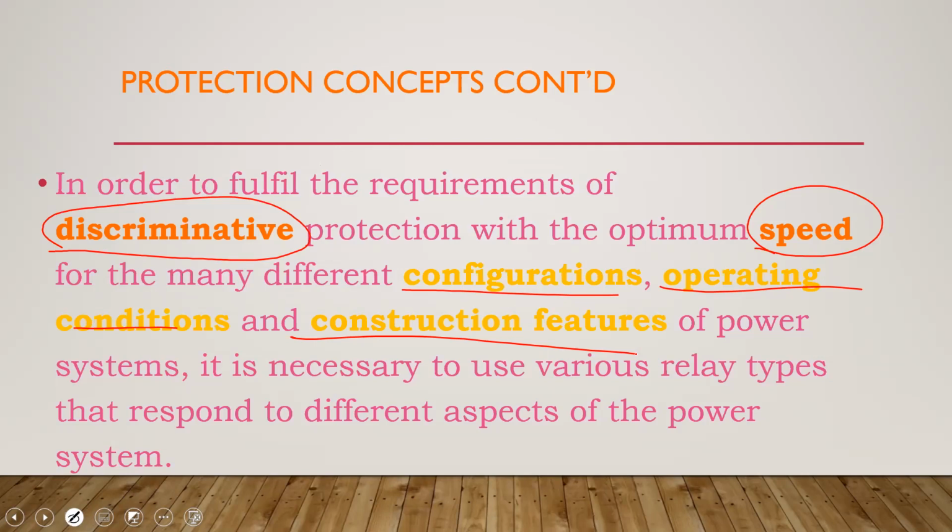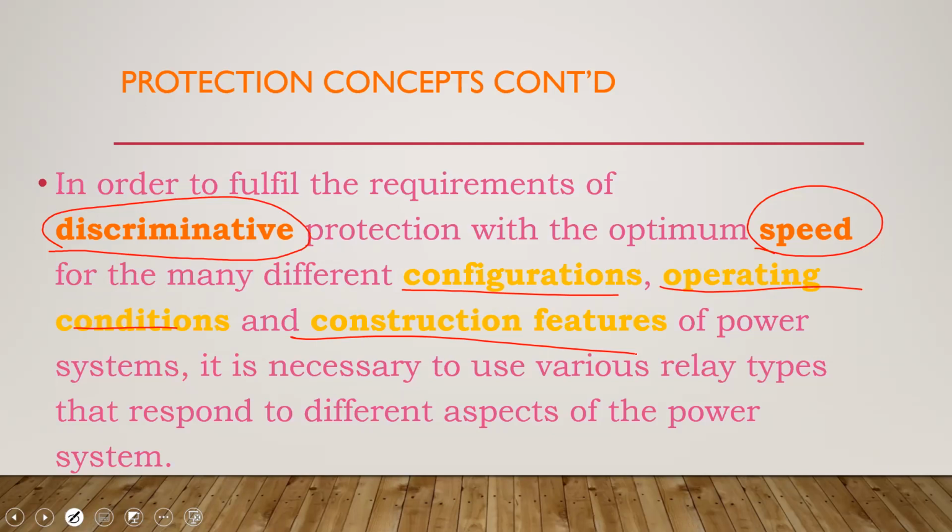These are all the variations that will be part and parcel of your power system. And we must be able to protect that system with all these configurations, with all these variations. And we must be able to do it quickly and with a high level of discrimination.